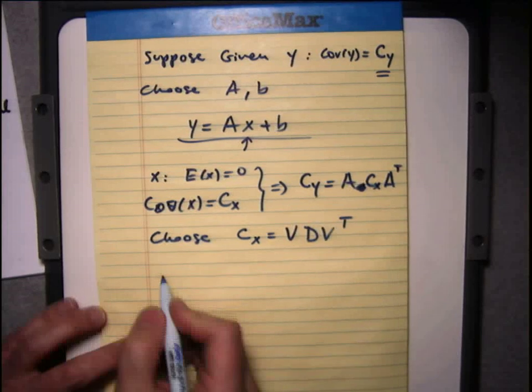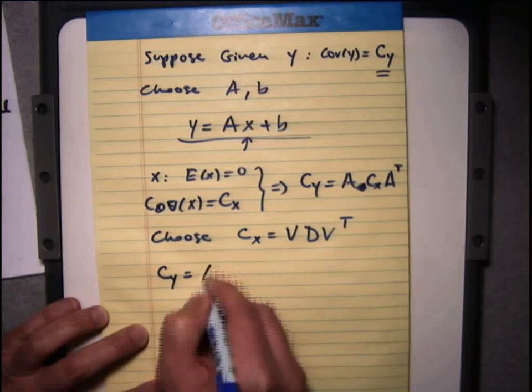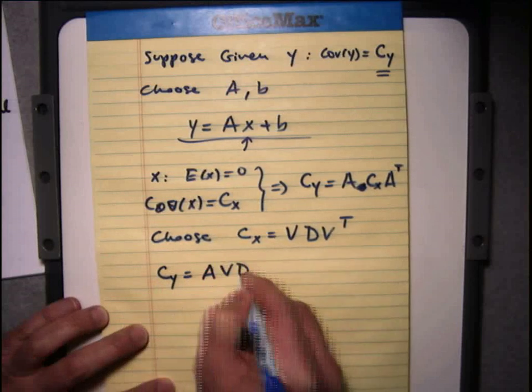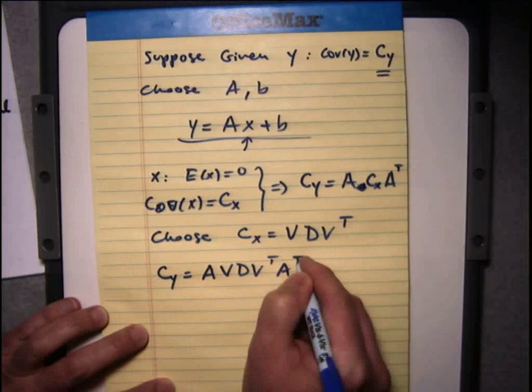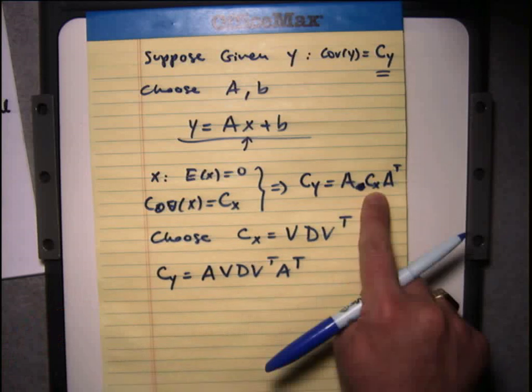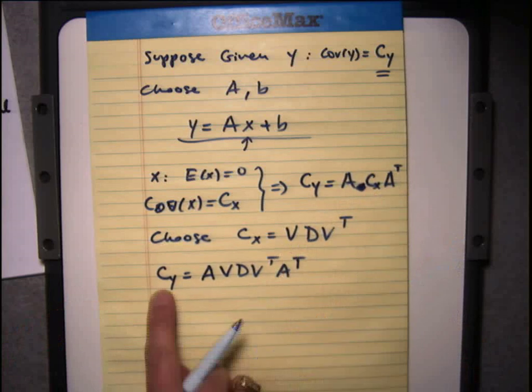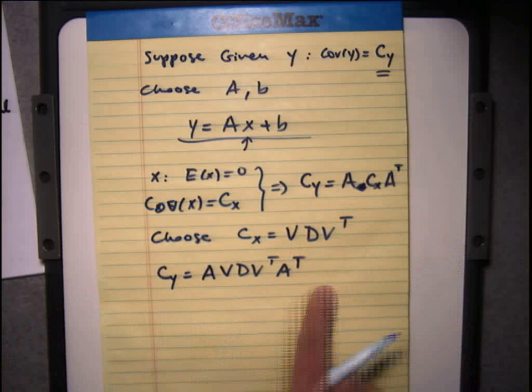All right. So let's see what covariance of y would look like with this definition. So this would be A V D V transpose A transpose. Okay. So all I've done, I've taken this Cx, I've taken this eigen decomposition, and I've stuck it in the middle of here. Now I have the covariance of y is equal to this thing. Okay?